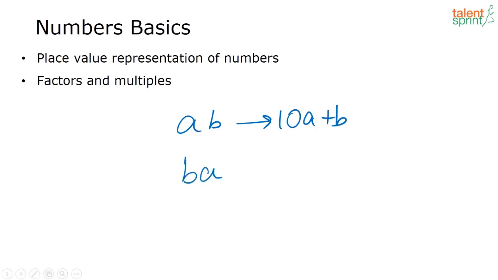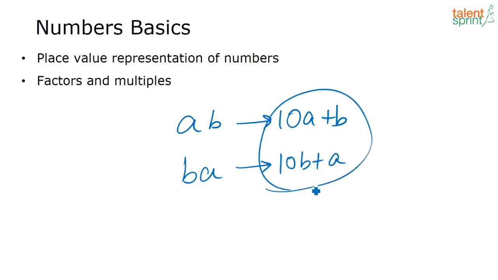It will become BA, and this number now becomes 10B plus A. To write these equations, you should know what place value is, so that's why we explained it. I hope it's clear: 4000 plus 100 plus 20 plus 3. Each digit in a number has a place value. Always keep this in mind, and it will be useful while solving such questions.